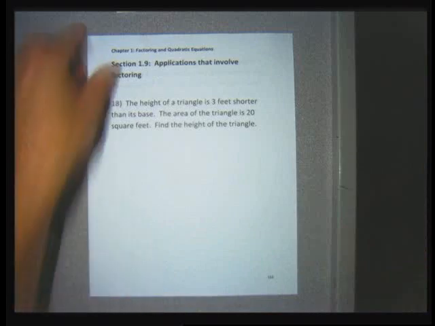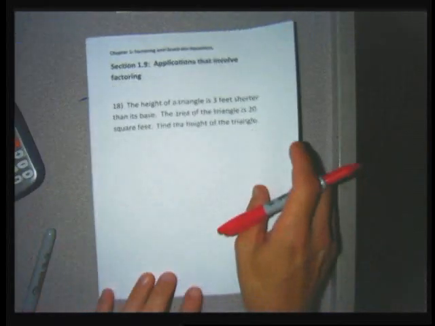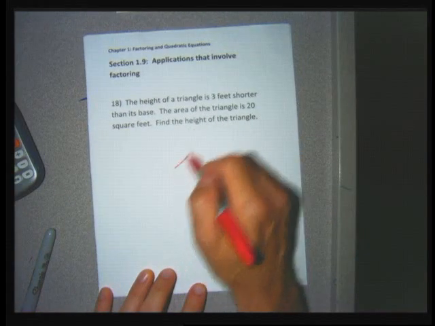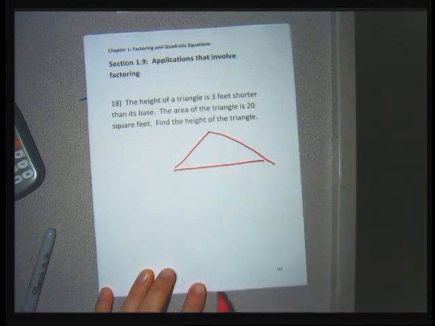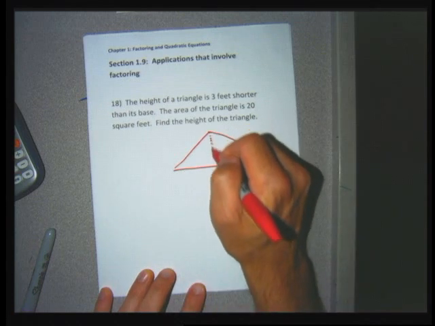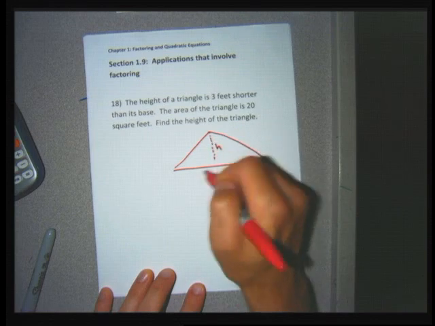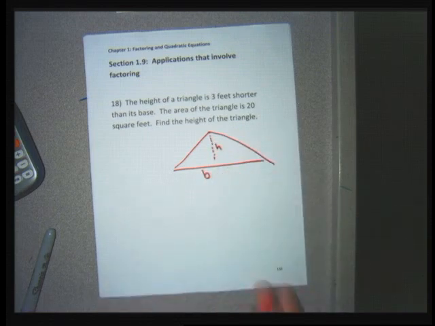18 should feel a lot the same. And again, I draw the same triangle even if it doesn't kind of work for the problem perfectly. So it's not a right triangle, so I'm drawing a triangle that's not a right triangle. Draw my height in. So this is my height, this is my base. Go to the first sentence.